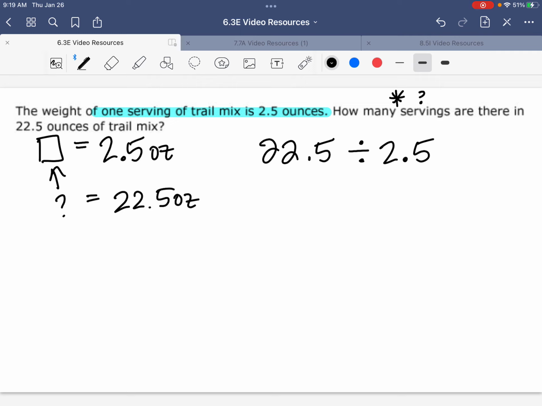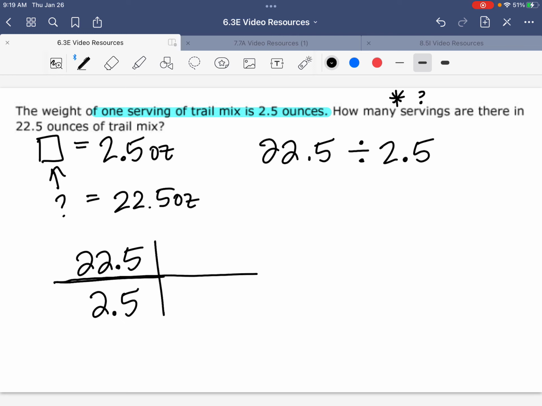And I know that I can represent division as a fraction. So I can say 22 5/10 divided by 2 5/10. Well, I want to double this, so I want to scale it up by 2. So I'm working with whole numbers, because 22.5 doubled is 45 and 2.5 doubled is 5.